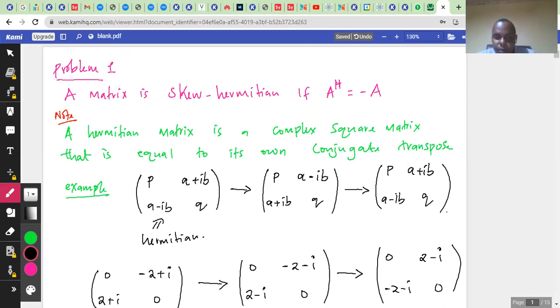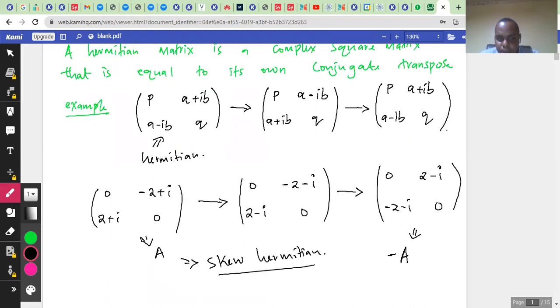Sorry, Steven, hold on. So this second example is a skew Hermitian matrix, right? What's the difference between skew Hermitian and Hermitian?